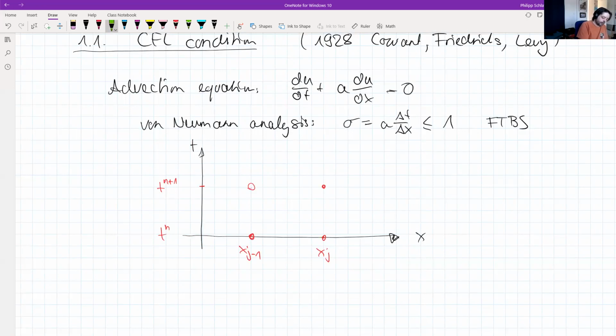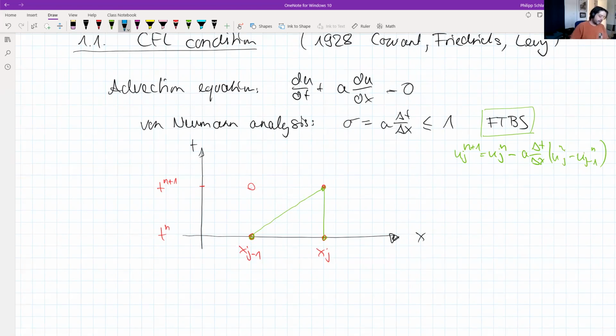Now for the forward time backward space scheme, my stencil would be something like this, because the scheme looks like this: U_j^{n+1} is U_j^n minus a delta t divided by delta x, times U_j minus U_{j-1} at time n. So the points involved in my scheme are these, and the solution would be this one.